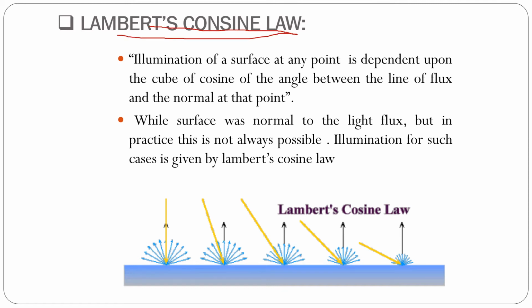The illumination of a surface at any point is dependent upon the cosine of the angle between the line of flux and the normal at that point. Earlier the surface was normal to the light flux, but in practice this is not always possible. Now the illumination for such cases is given by Lambert's cosine law.